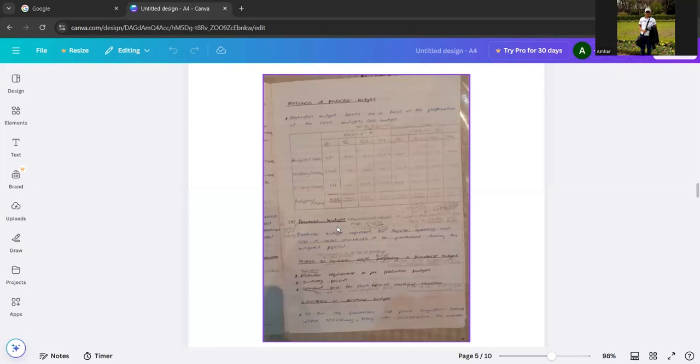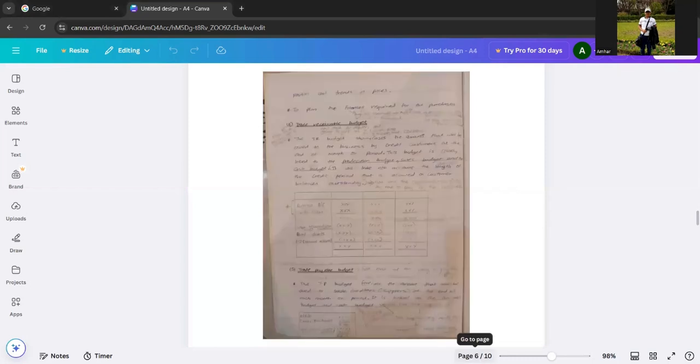Now look at the usefulness of purchase budget. To plan the purchases and place long-term contracts where necessary, taking into consideration the market position and trends in prices. So the usefulness of purchase budget is that it gives a plan to make purchases and long-term contracts where necessary.